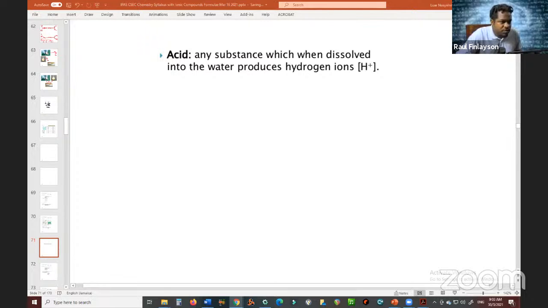And notice that the definition doesn't contain anything about burning or how it behaves. It's just a substance that gives up hydrogen ions. When hydrogen ions are given off, it changes into hydrogen gas, which bubbles. So that's what causes fizzing in acids.